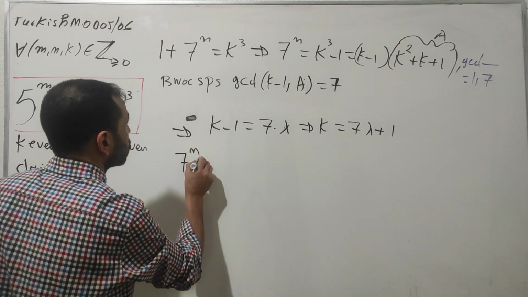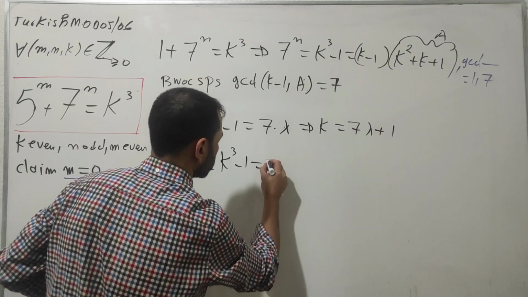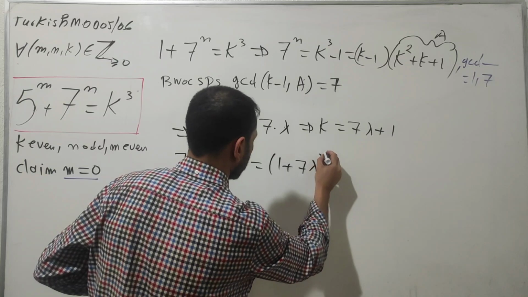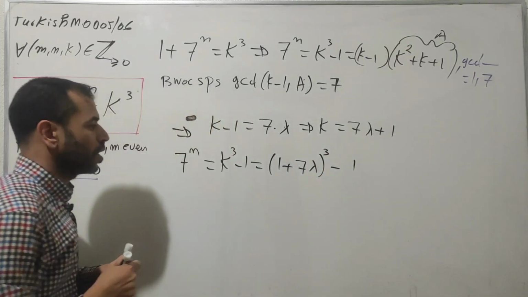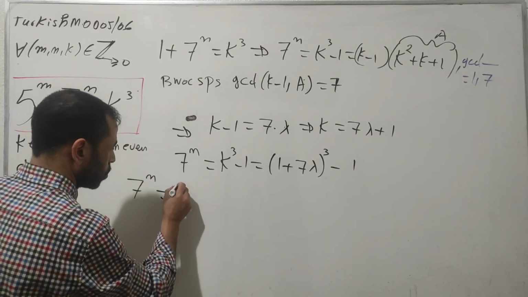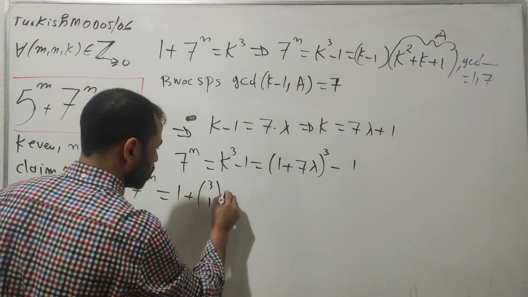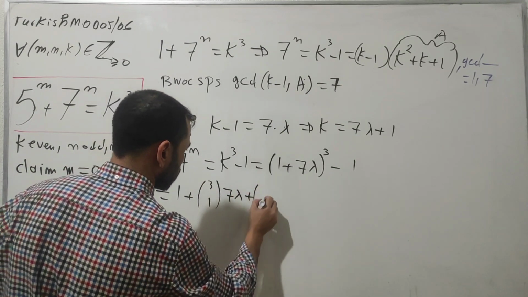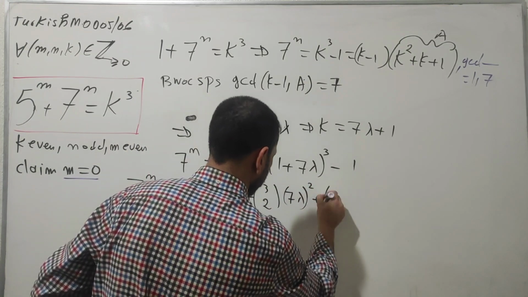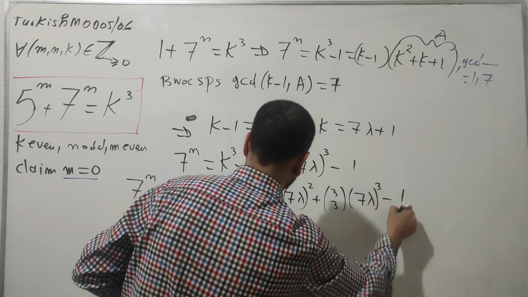So I get 7 to the n equals k cubed minus 1, where k is replaced with 1 plus 7 lambda, raised to the power 3, minus 1. Let's apply the binomial expansion on this one. So we get 7 to the n equals 1 plus 3 choose 1 multiplied by 7 lambda plus 3 choose 2 multiplied by (7 lambda) squared plus 3 choose 3 multiplied by (7 lambda) cubed, minus 1.